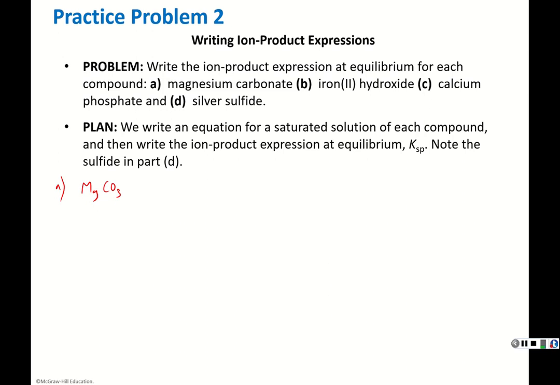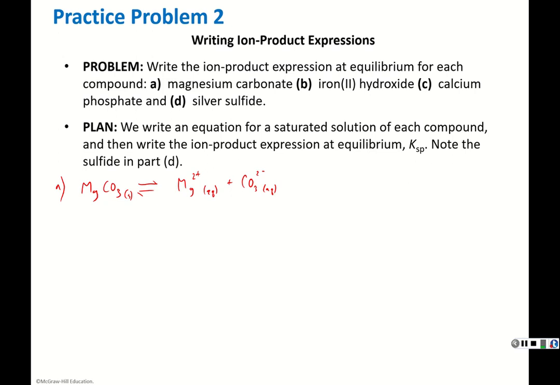Magnesium's +2, carbonate is -2, so they're in a 1-to-1 ratio. So when it dissolves in water, and I should put, that's a solid, right? We get Mg2+ aqueous plus CO3 2- aqueous.